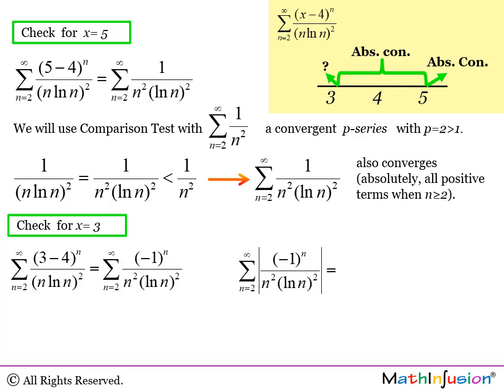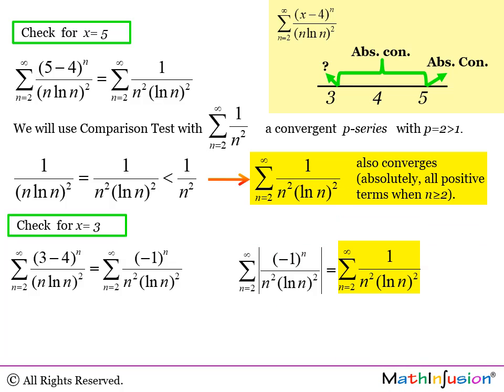So if we take this in absolute value, we get exactly the same series as at the endpoint x equals 5. Because this series converges, and even absolutely converges, it's clear that this one also absolutely converges. We can conclude then about the other endpoint.